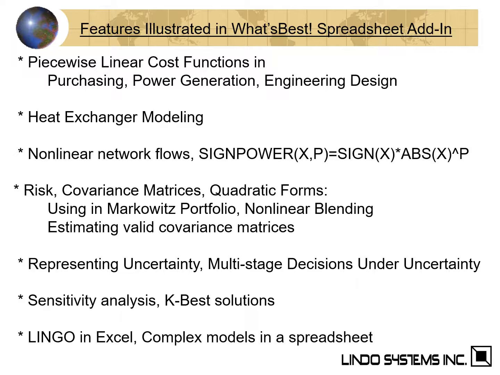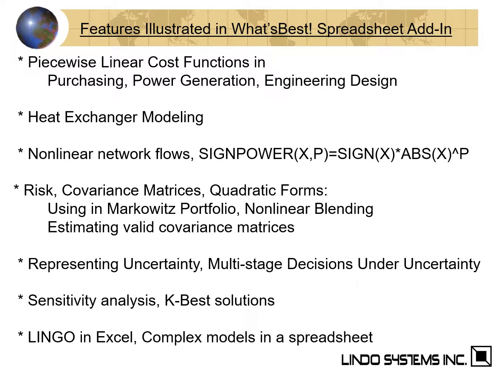So if you're purchasing, your suppliers may give you a discount table saying, if your purchases fall within this range, here is what the discount will be. If you buy a little bit more, the discount will be a little bit steeper, things like that. Somewhat related to those ideas, we'll talk about a very specific thing related to engineering design, heat exchanger modeling.